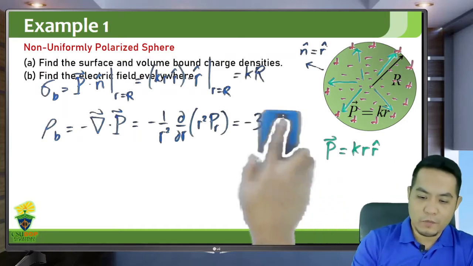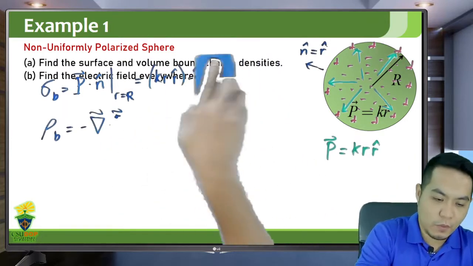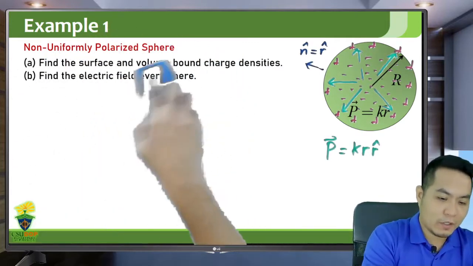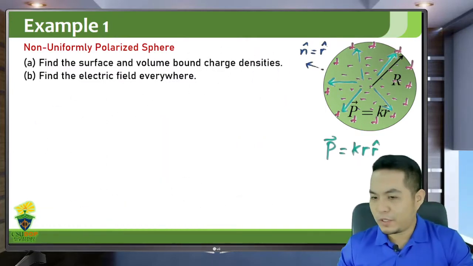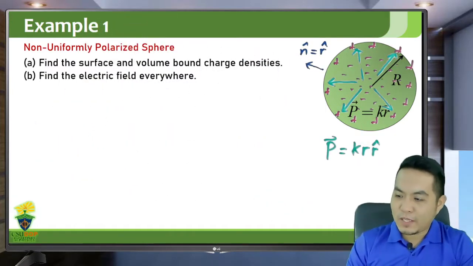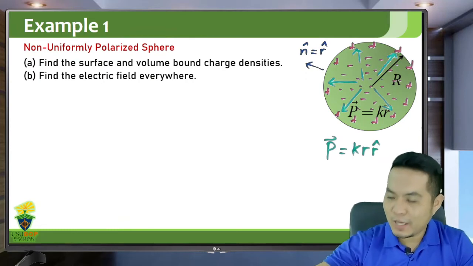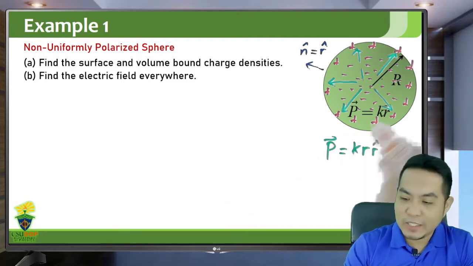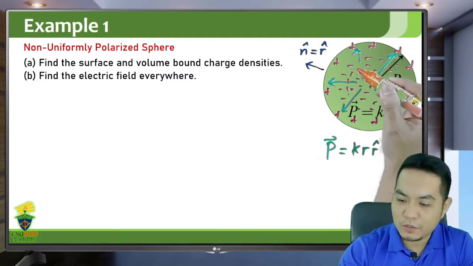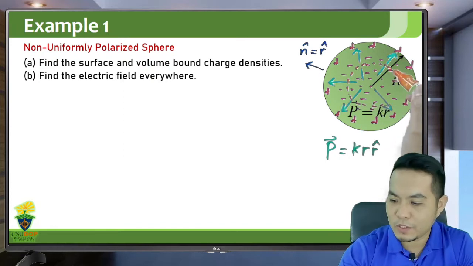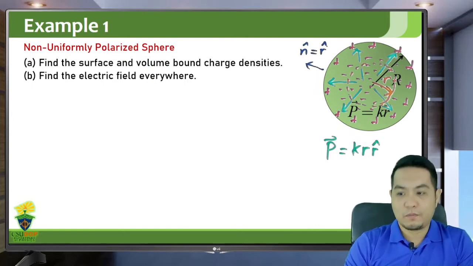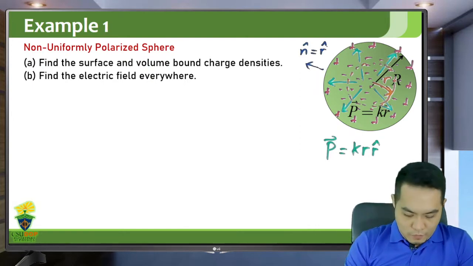Let's now go for letter B. Find the electric field everywhere. To find the electric field everywhere, the question meant find the electric field inside and outside the sphere. For the electric field inside, we can just use Gauss law. We can have a Gaussian surface with radius r, and then calculate the charge enclosed.